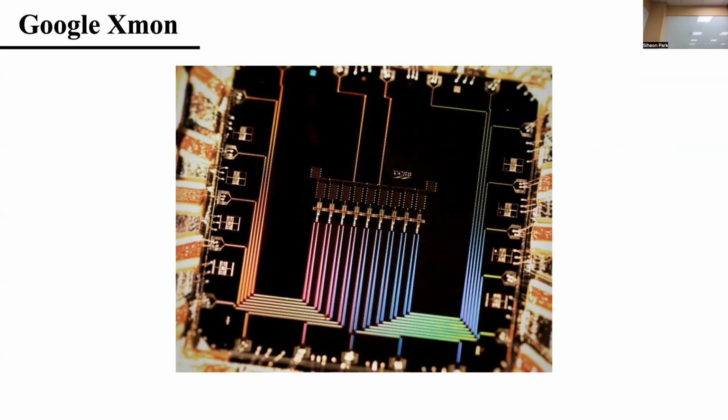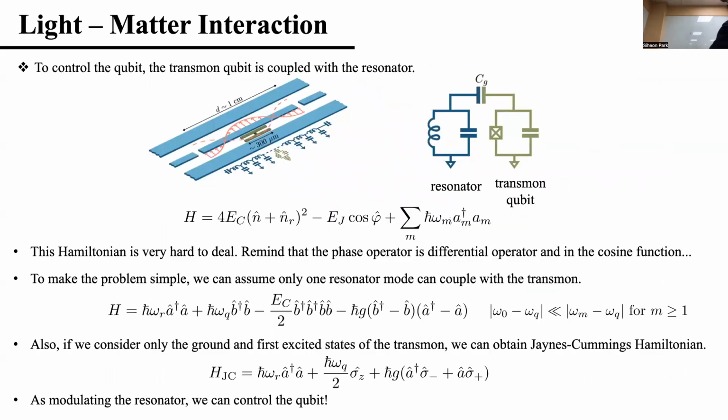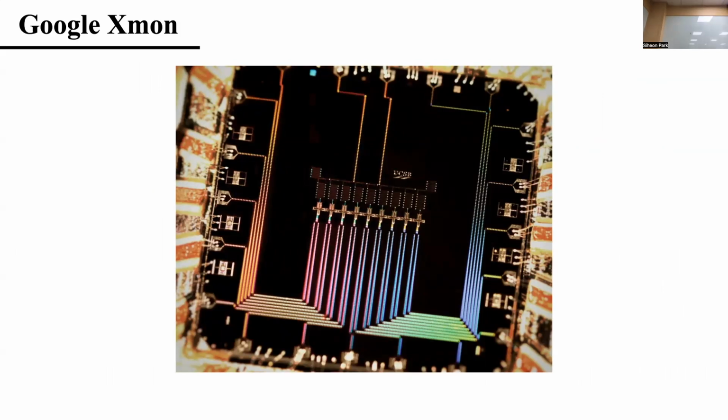Exactly, the Xmon has a little bit different structure from this figure. But I'm sorry, I don't know about the IBM machine exactly.